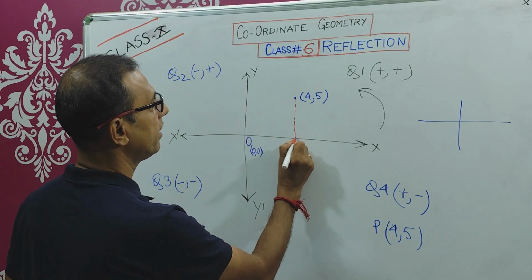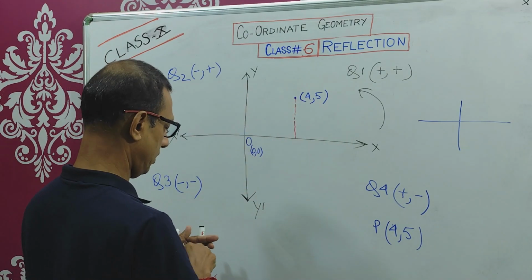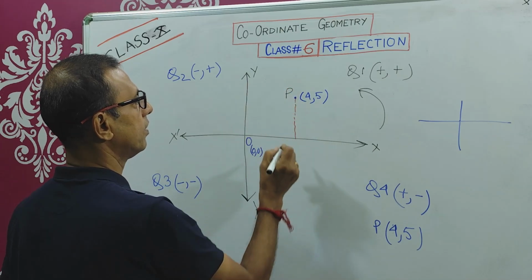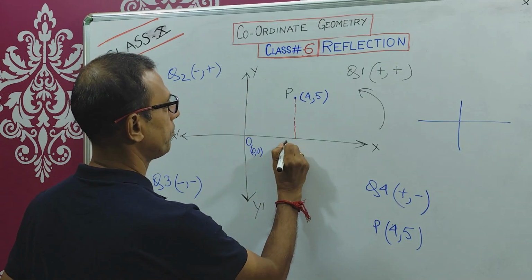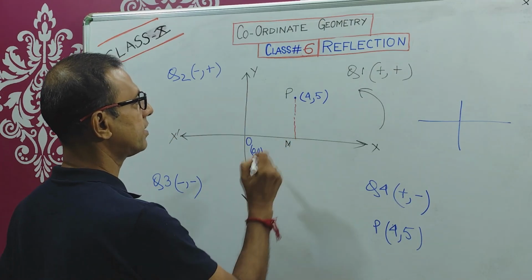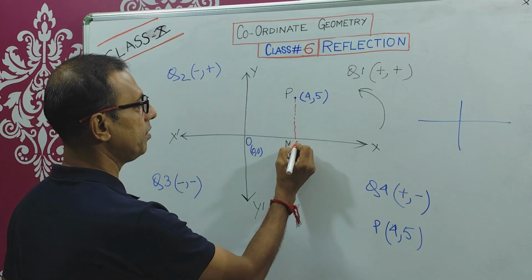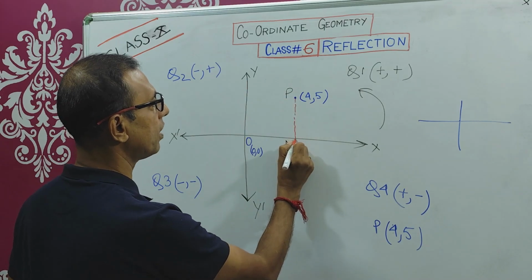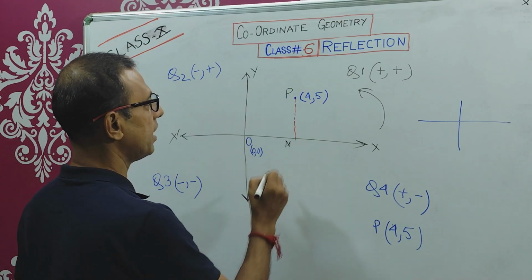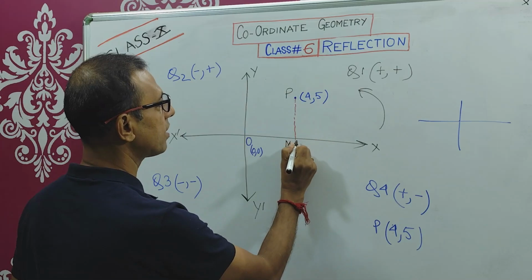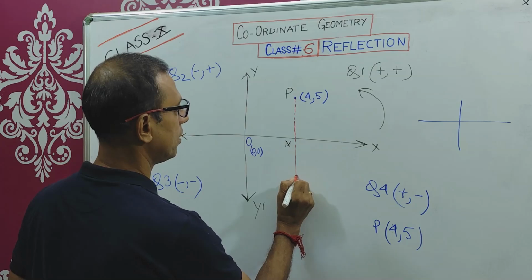Let's say the intersecting point on the mirror line is M. Now the distance PM will be the distance to the image, where the image is also on the perpendicular line. So where will it be? If MP equals 4, then just opposite, the image will be there.